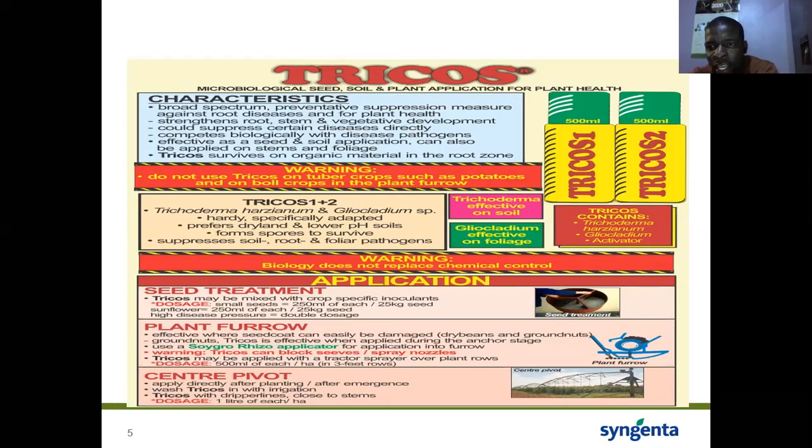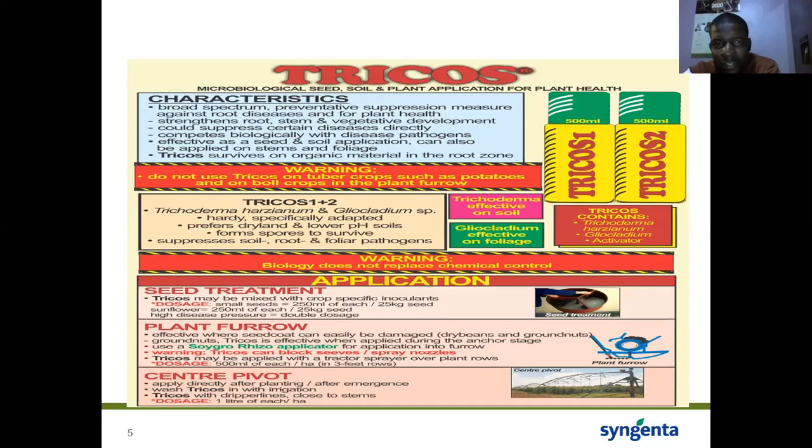So what usually happens is that when you plant your tomatoes or your cabbage, whatever crop you've planted, you need to drench this chemical to the roots of the plant. This is going to offer natural protection to the crop. Okay, so drenching simply means physically applying the chemical to the roots.